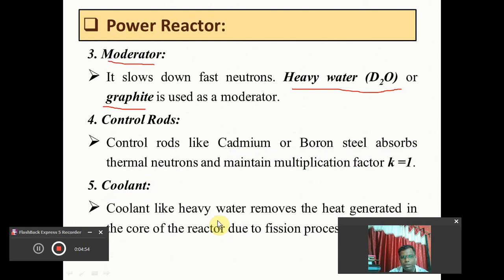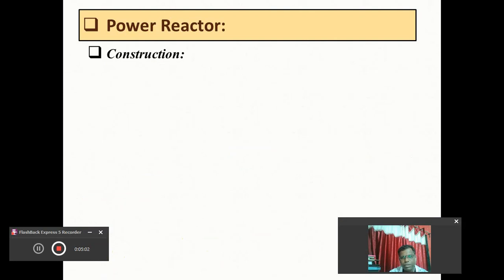The coolant removes the excess heat generated in the core of the nuclear reactor. Water or deuterated water is used as coolant, and the same substances used as moderator can also be used as coolant.